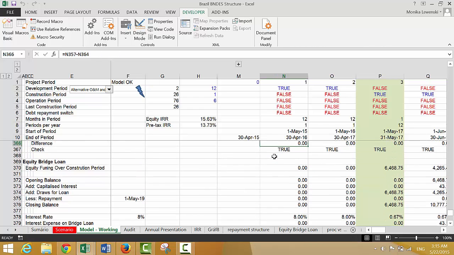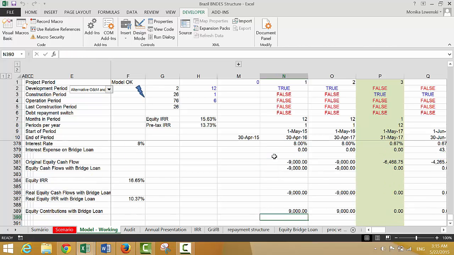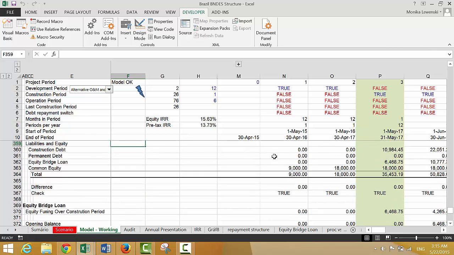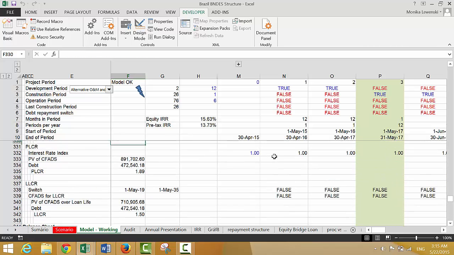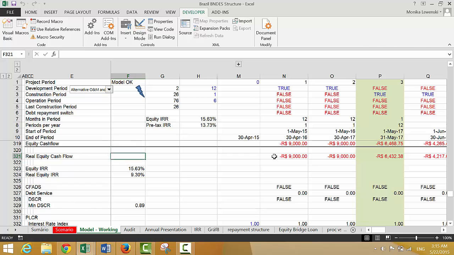Now when we did this, how much did the equity bridge loan really help? 15 to 16.